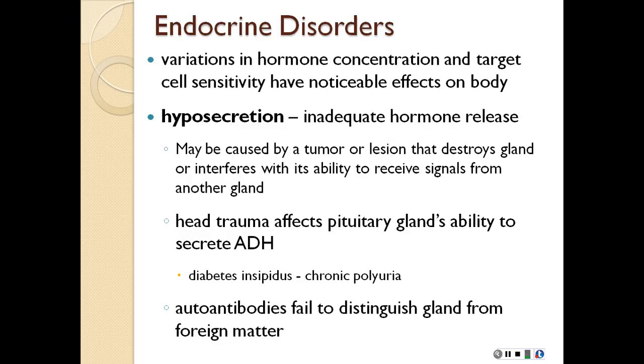What happens if something happens to the parathyroid gland and it's not able to secrete adequate PTH? What will be the effect of that? Just off the top of your head, from knowing what it's supposed to do. If it's not there, what happens to blood calcium?